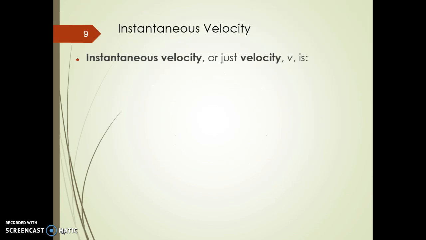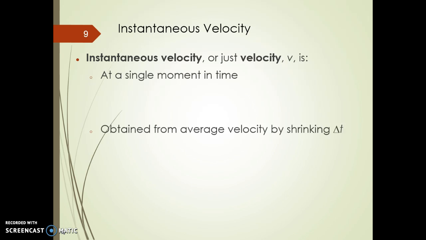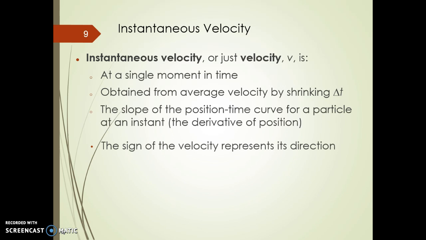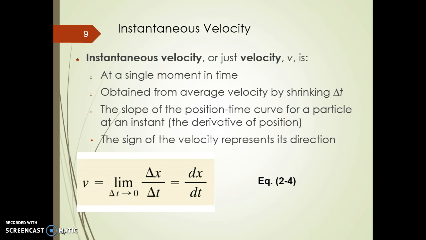If we want to know the velocity not as an average, but at a specific instant in time, then we're going to look for the instantaneous velocity. An instantaneous velocity, or what we normally would just refer to as v, is going to be the average velocity over a very short period of time. What does it mean to look at a very short period of time? That's the same as taking the derivative.